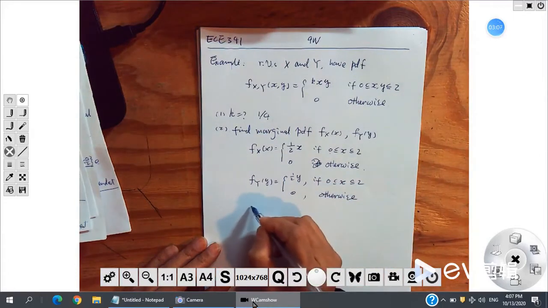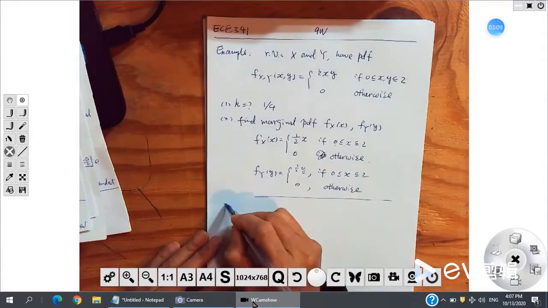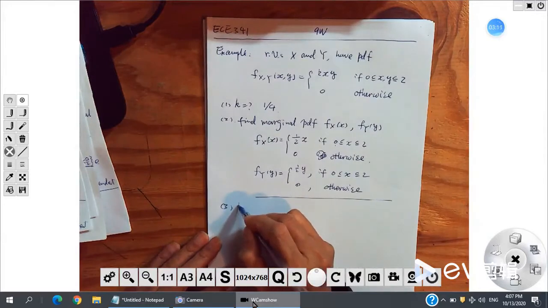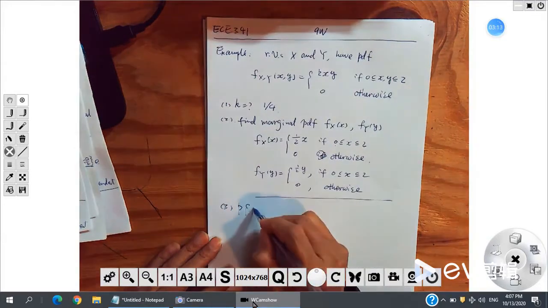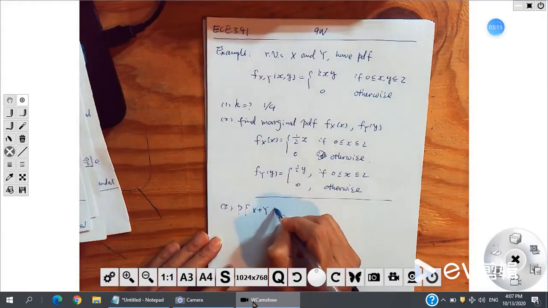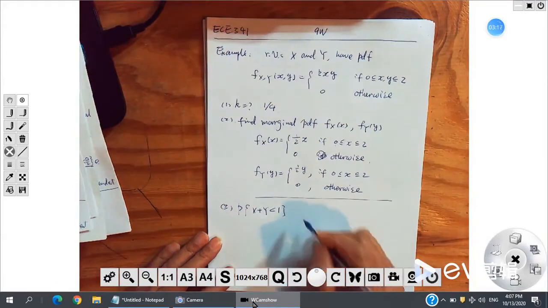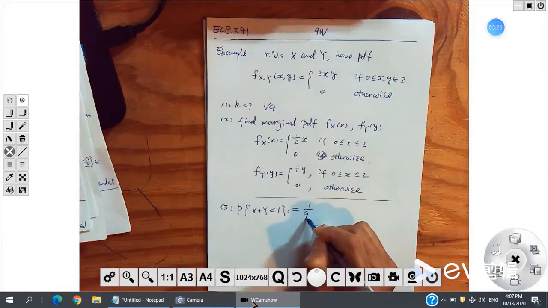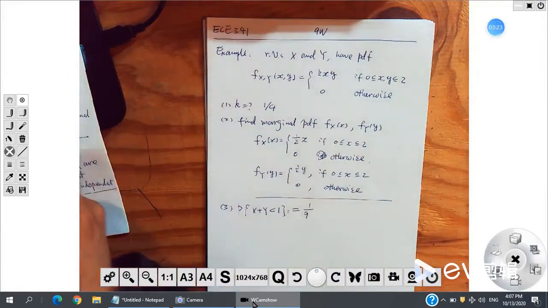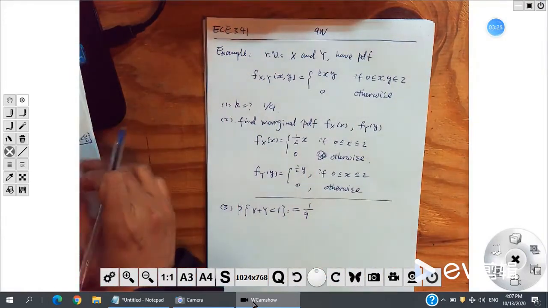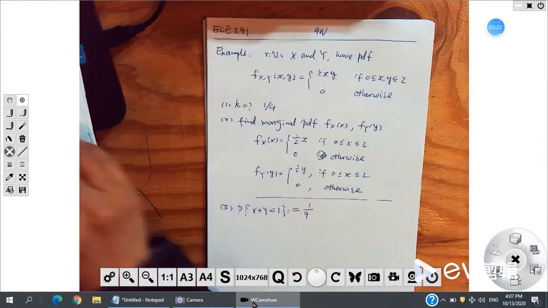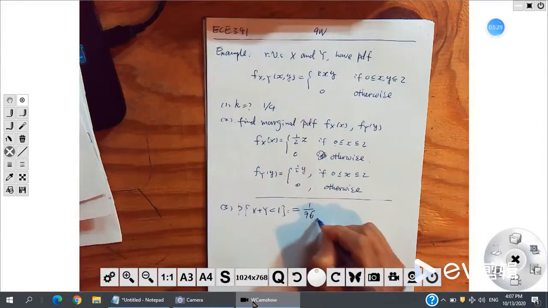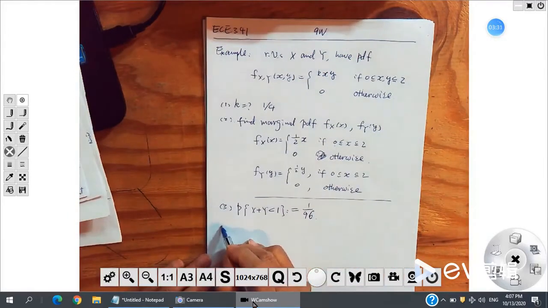Alright. And the third question, we want to find the probability of the event x plus y smaller than 1. And we get this is 1/96. Okay, so we already have these.